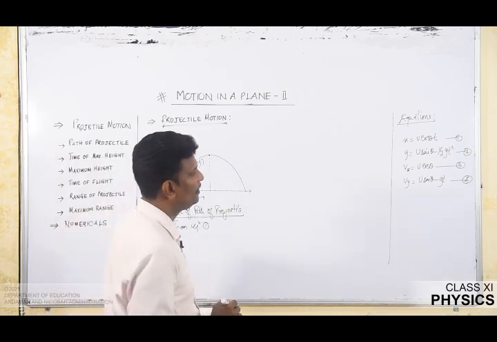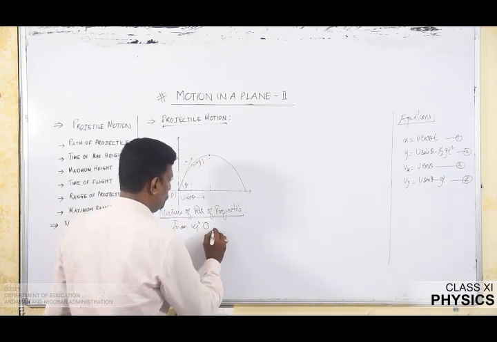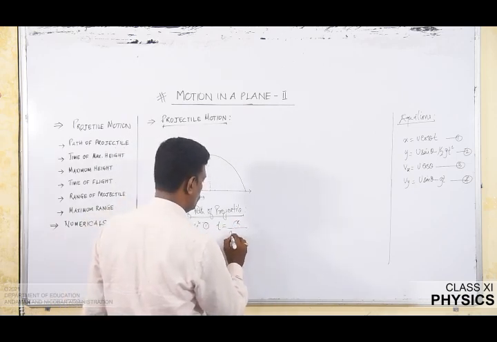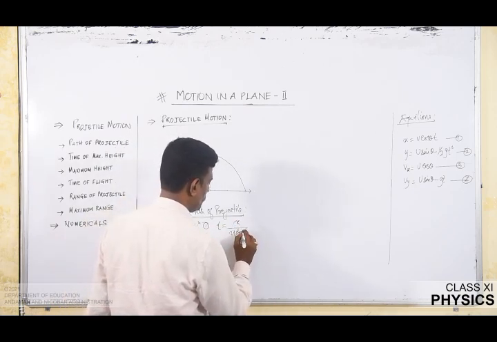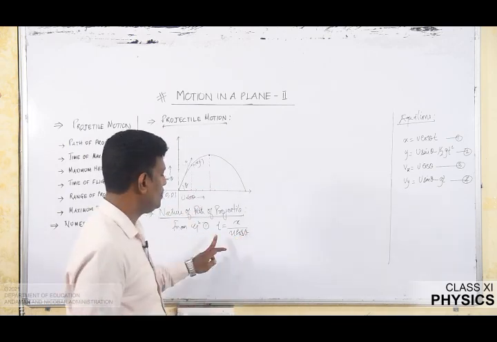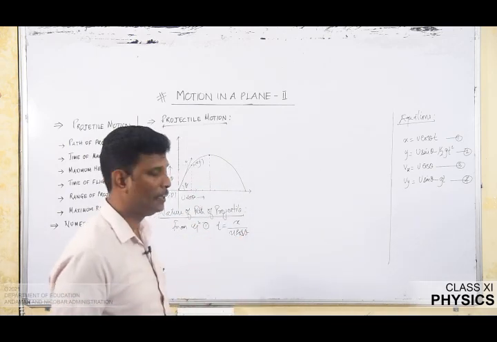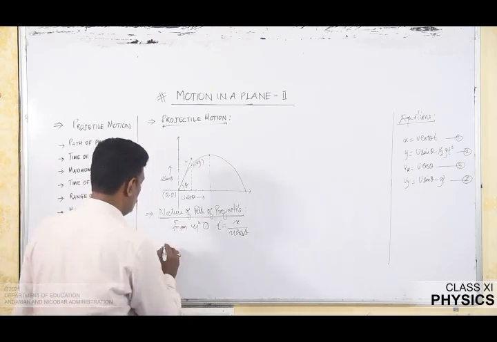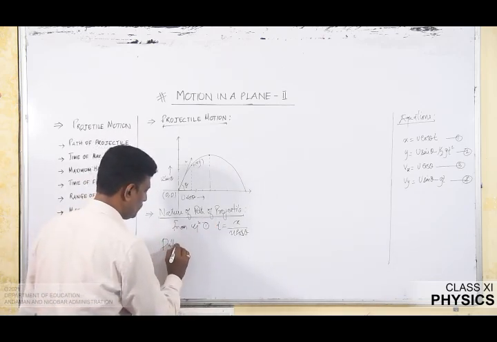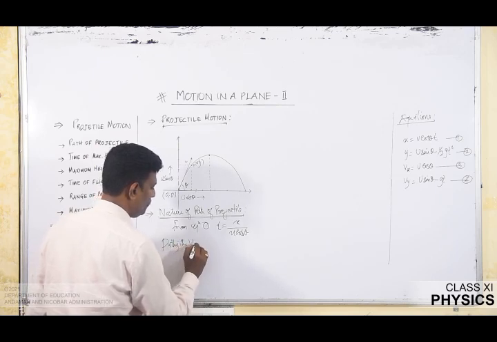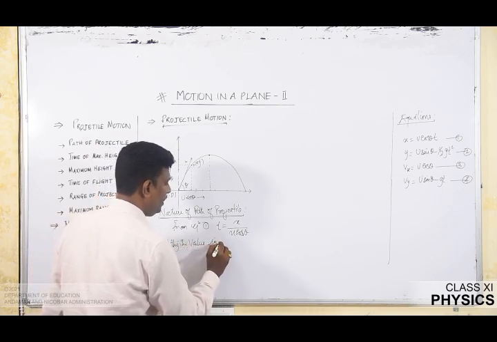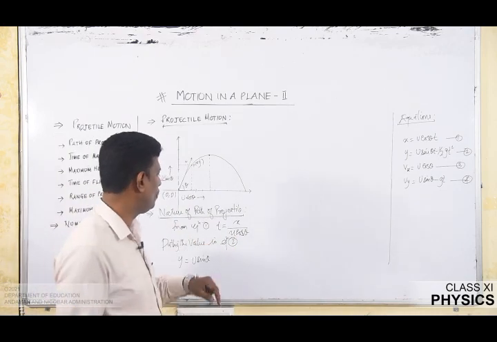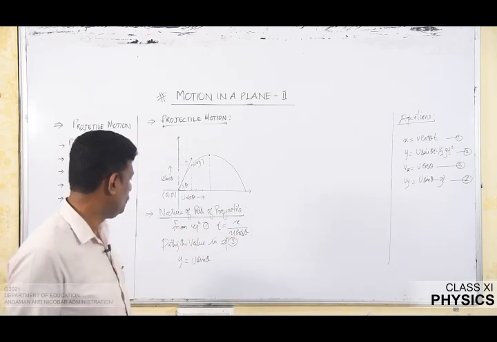we can have that t is equal to x by u cos theta. Putting the value of t in equation 2, from the equation 1 we have got t is equal to x by u cos theta.